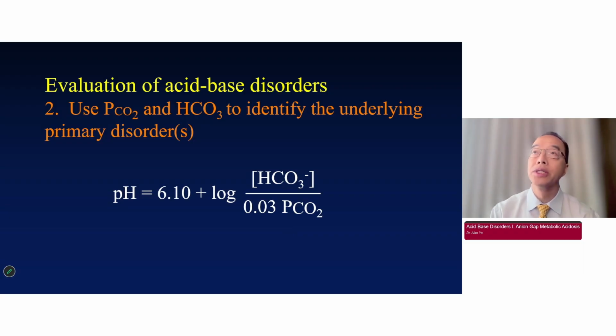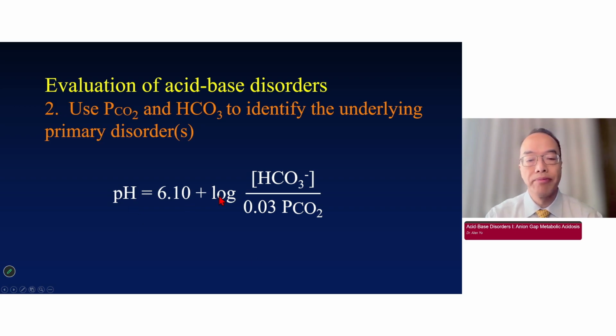This is because the equilibrium between bicarbonate, carbonic acid, and CO2 are the determinants of the major buffer of acid in the blood. And so this is the equation.